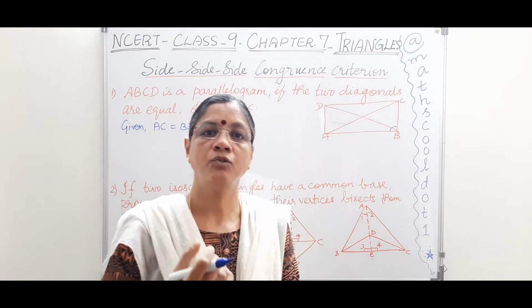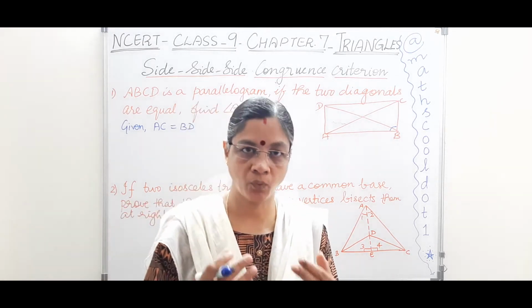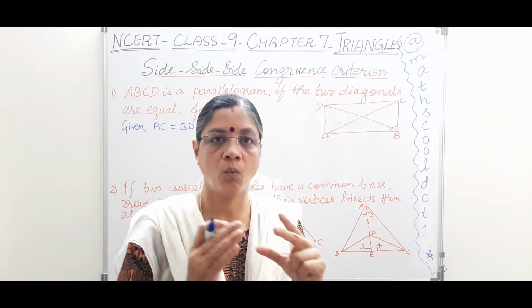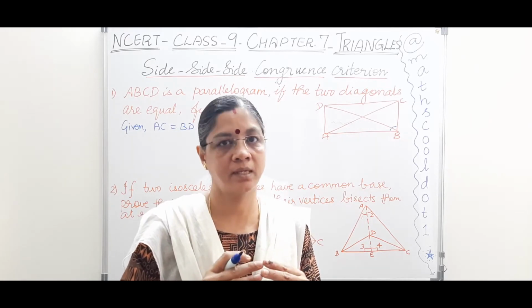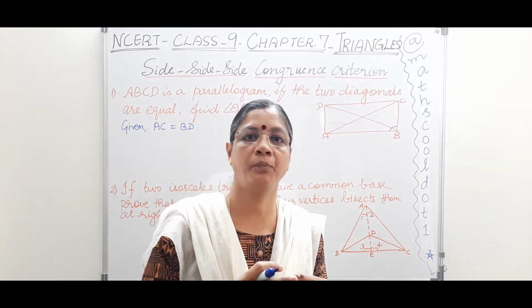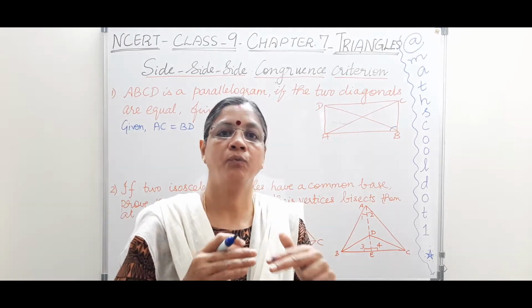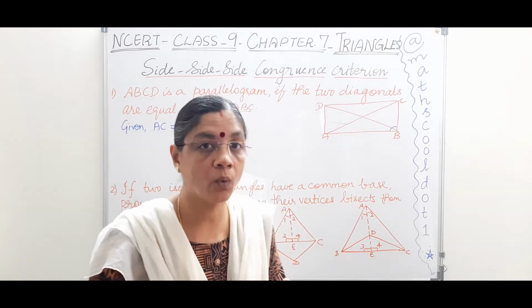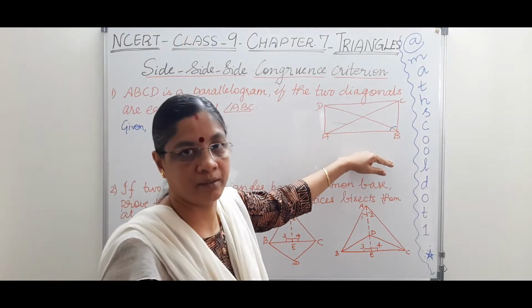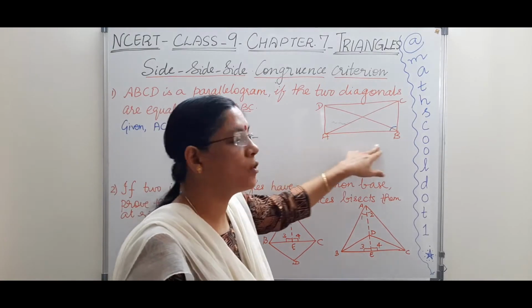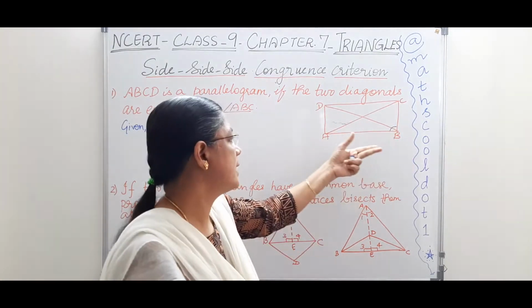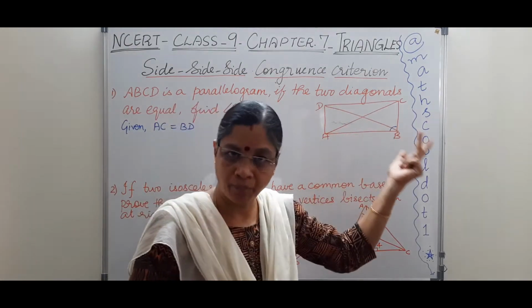By taking two triangles with the same base, we have one condition. Out of the 6 parts for corresponding parts of congruent triangles, one side will be equal if it is taken as a common side. So AB is the common side for both the triangles ABD and ABC, right?